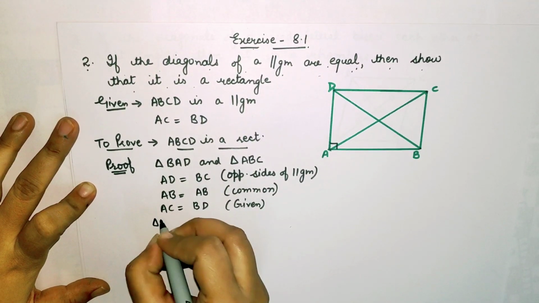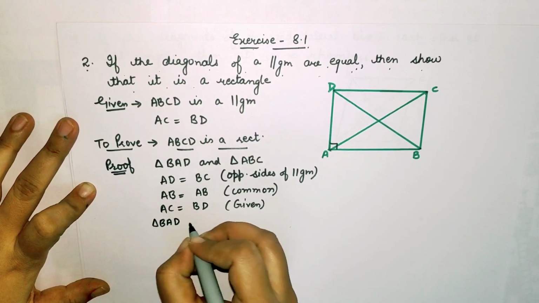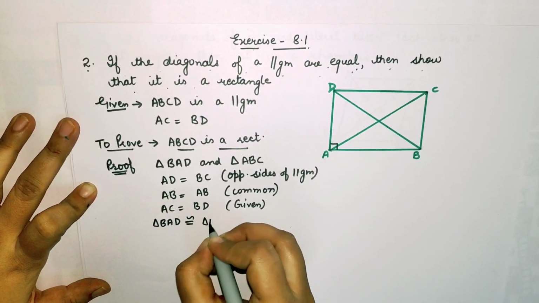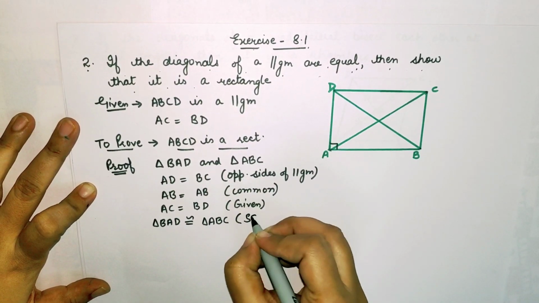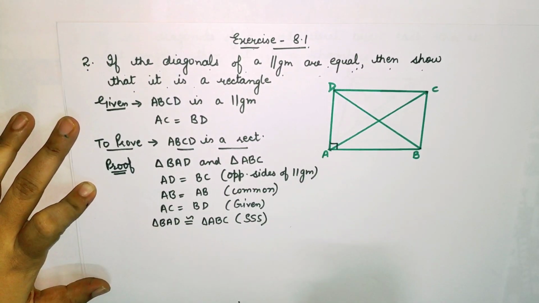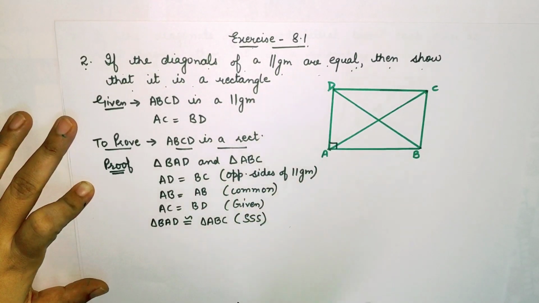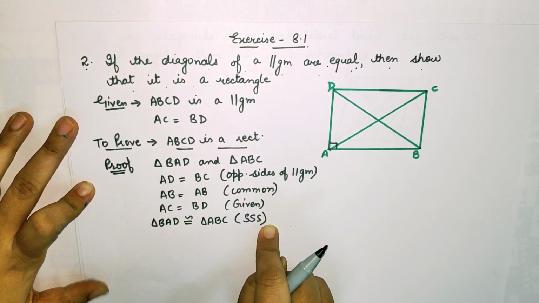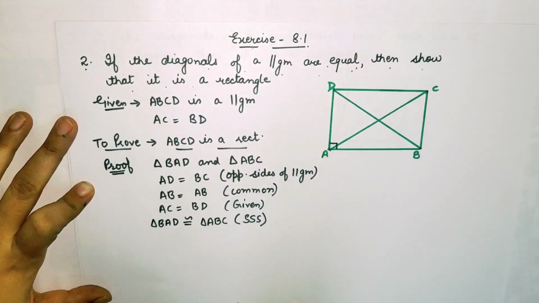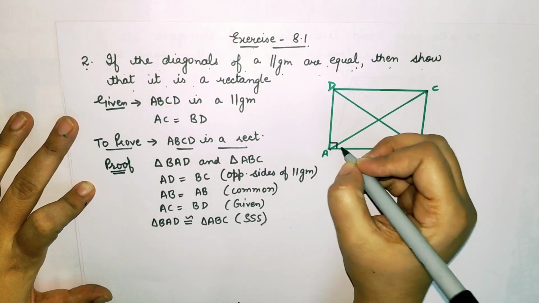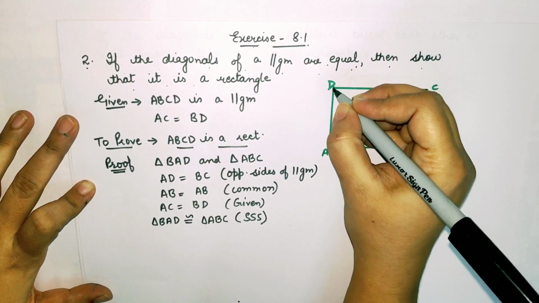This means triangle BAD is congruent to triangle ABC. By which criteria? By SSS congruency condition. All the sides are equal. It means by SSS congruence condition, these two triangles are congruent. If these two triangles are congruent, their angles are equal. Which angles are equal?